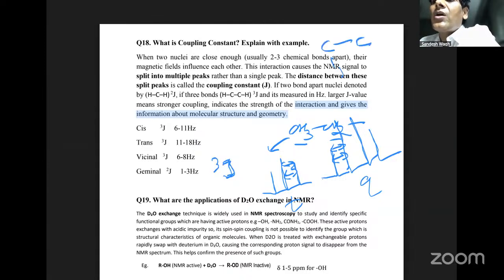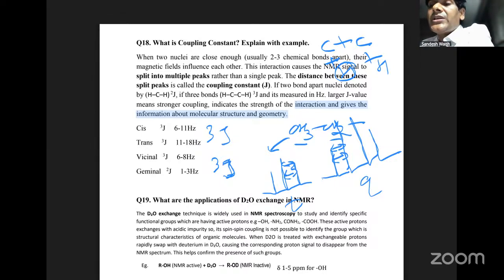So how many bonds are in between? If this nucleus couples with this nucleus, there is one bond, two bonds, three bonds. So I refer to it as J3. J3 means between these two nuclei there are three bonds. So the spacing distance is called the coupling constant.